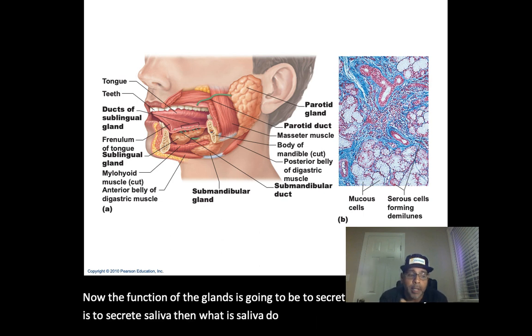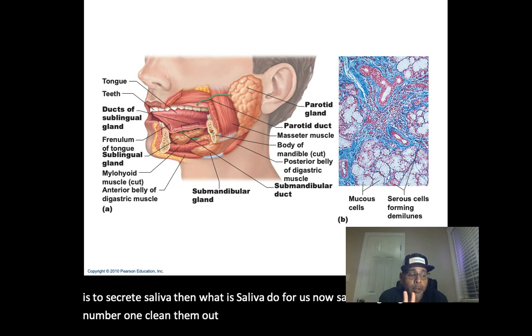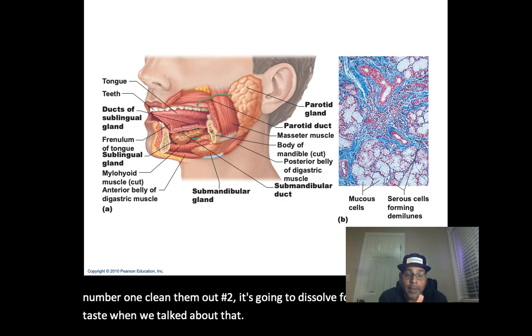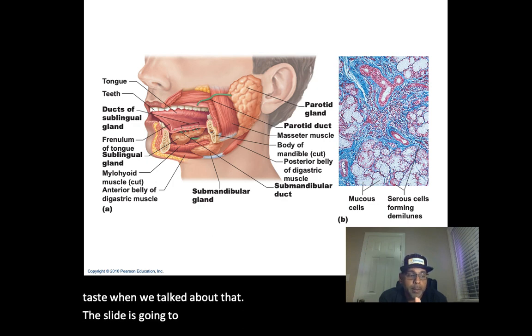Now saliva is going to, number 1, clean the mouth. Number 2, it's going to dissolve food chemicals for taste. Remember we talked about that? The saliva is going to be required there. Number 3, it helps to moisten food.